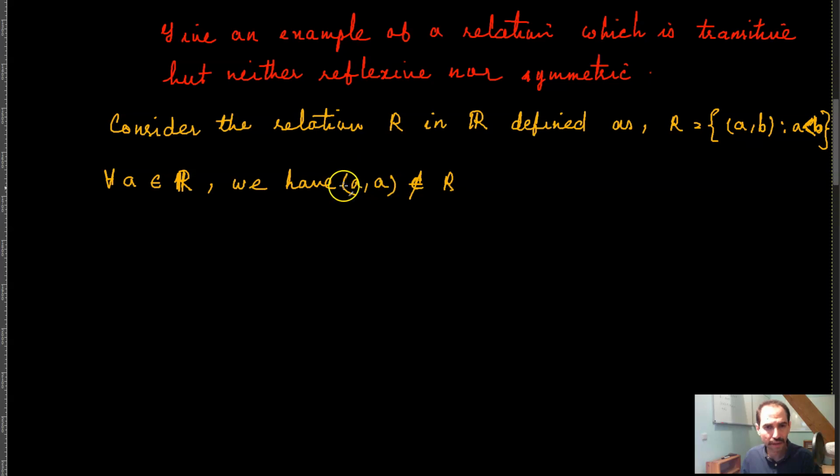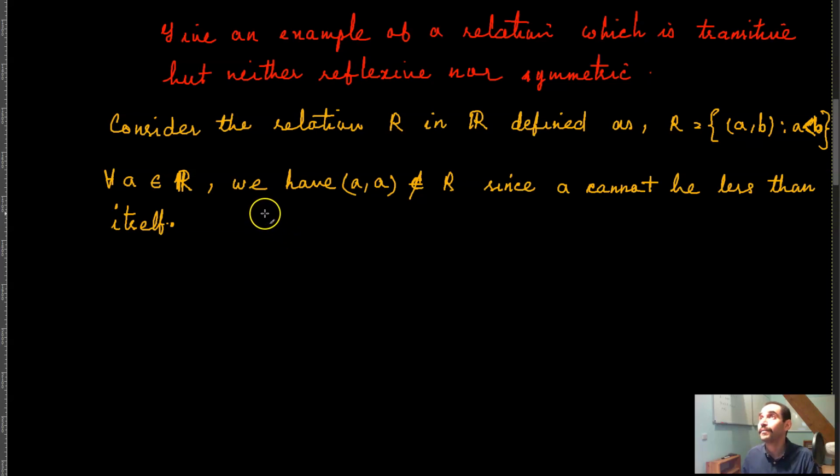That means there is no way you can get (a, a) as an element of R. The reason is that a cannot be strictly less than itself. And therefore R is not reflexive.